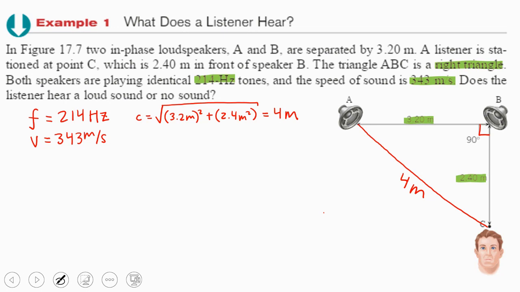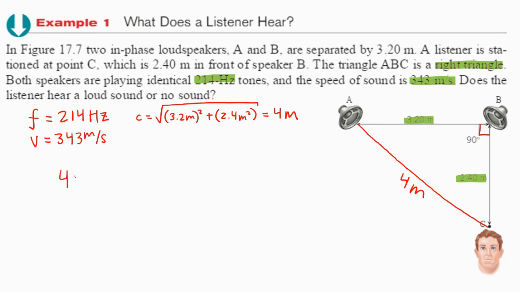Will it be constructive interference or will they be slightly off, out of phase from destructive interference? And in order to figure that out, what you end up doing is subtracting the distance that each wave travels. So we'll take the distance from A to C and subtract the distance from B to C.